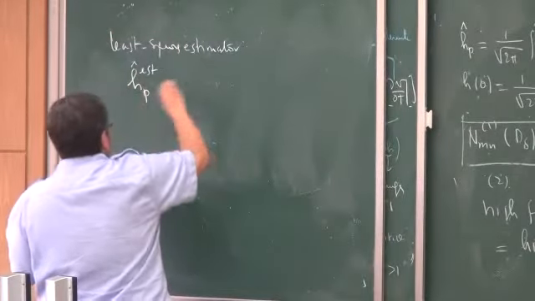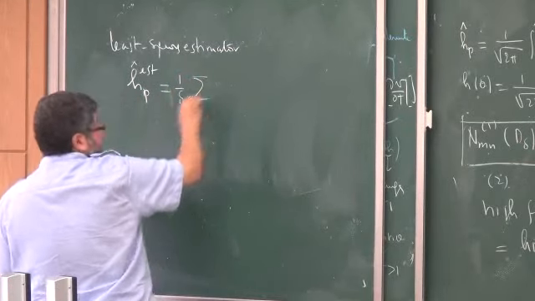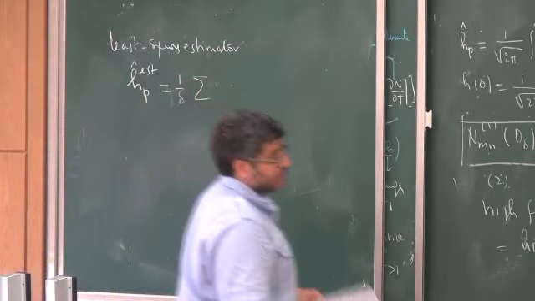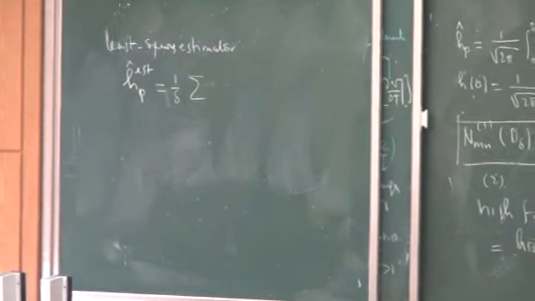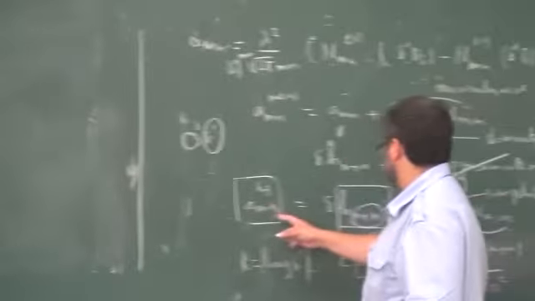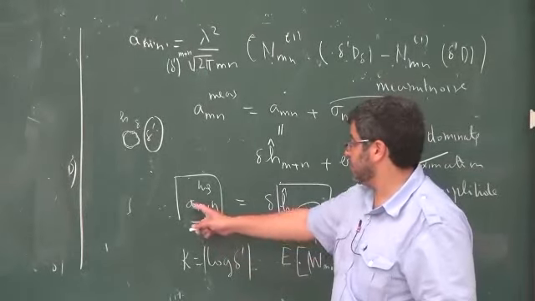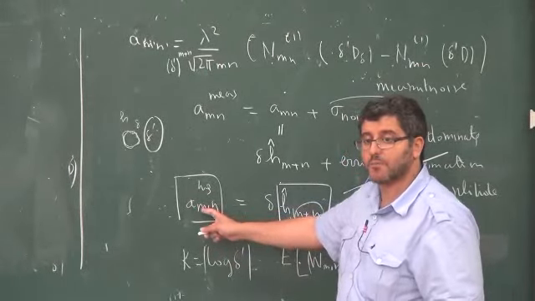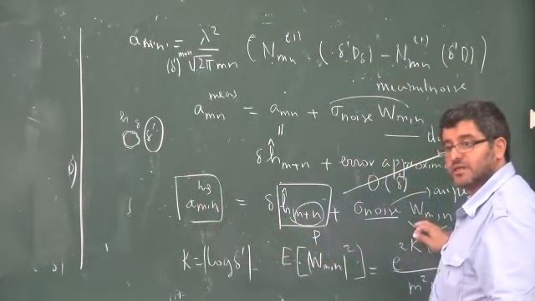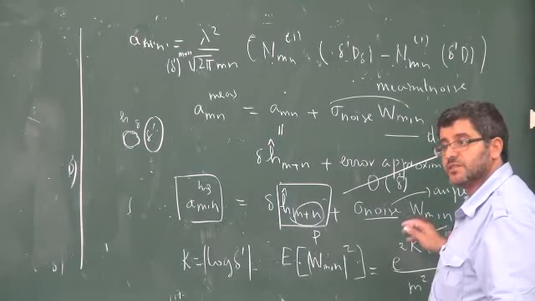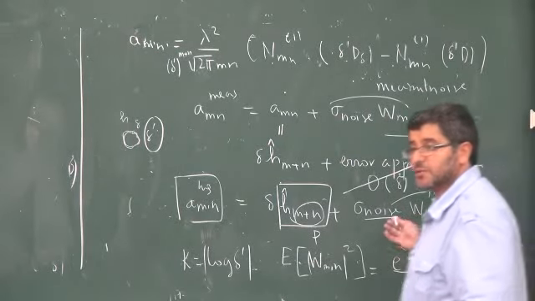It is nothing else than 1 over delta, the sum, because when you make this p, you will sum all the A_mn such that m plus n equals p, and then you decrease the effect of the noise, and you decrease it in the optimal way, L2 optimal way.